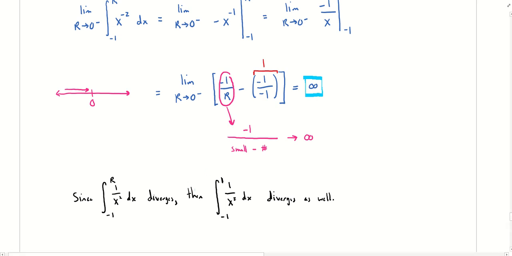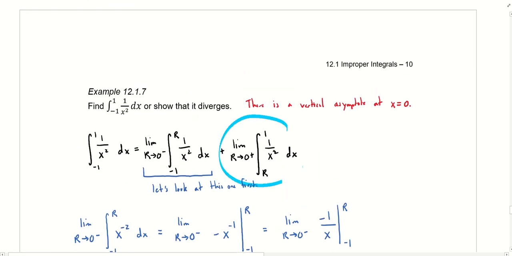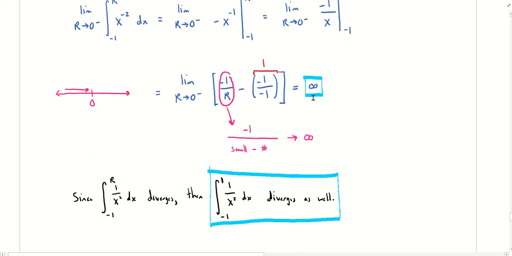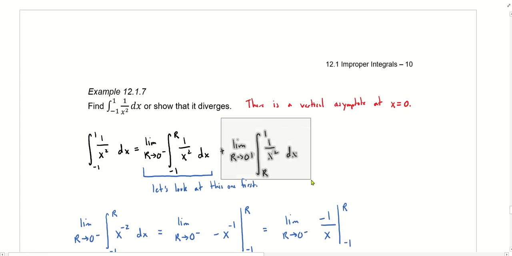So once again, we actually don't have to look at that second integral. We don't even have to worry about it, because we've already shown that one of these two pieces diverges, which means the original integral diverges as well. If we had shown that this thing converges, so let's say instead of infinity, this was like 4, then we would have to go and look at this integral.